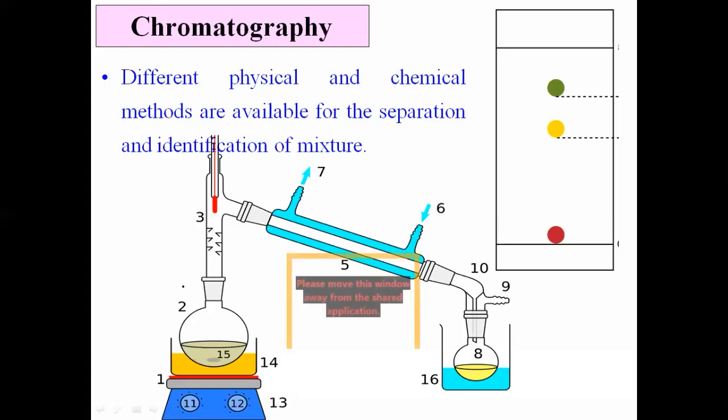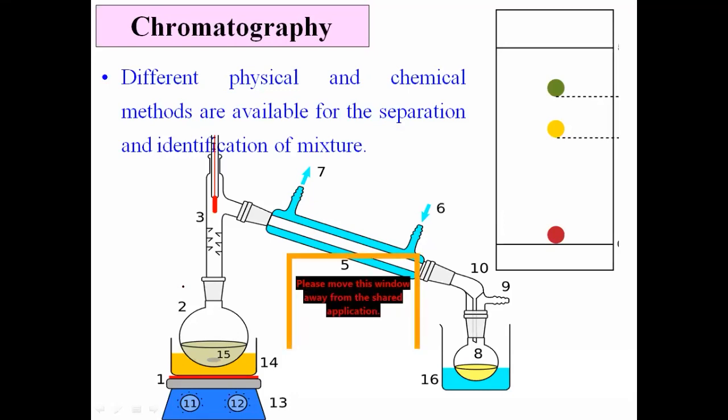Suppose there is an inorganic mixture. At BSc 2 level, you separated a mixture of two acidic and two basic radicals. That is an example of a chemical method used for separation. Then there is separation of organic mixtures and identification of organic compounds.